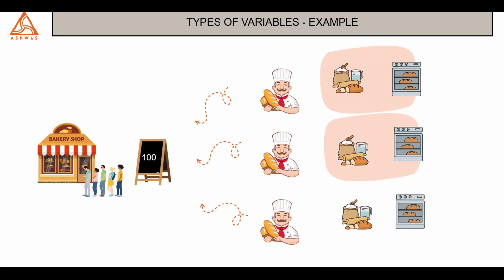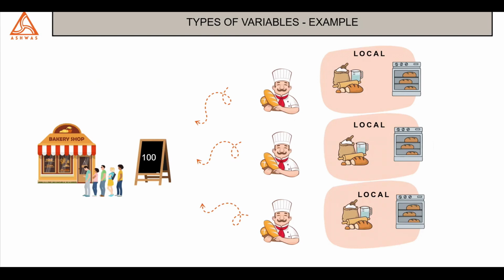This business function is carried out separately, individually by every baker using whatever raw material he gets access to at the beginning of the day. This highly personalized data is labeled as local variables.